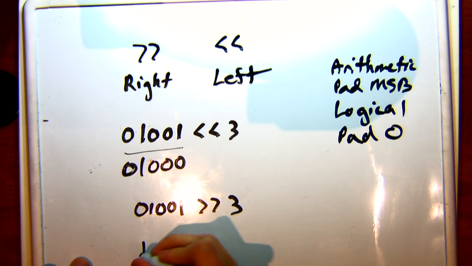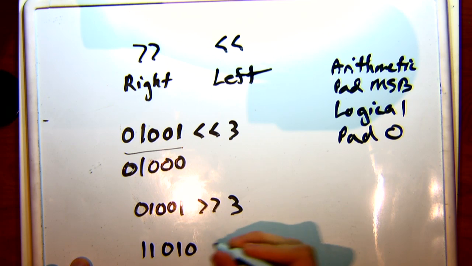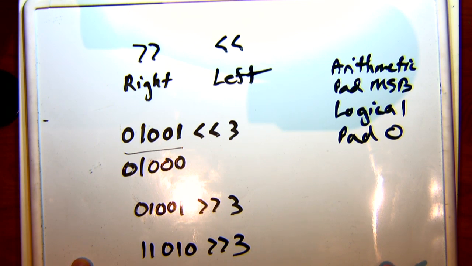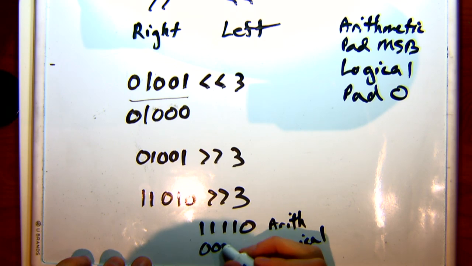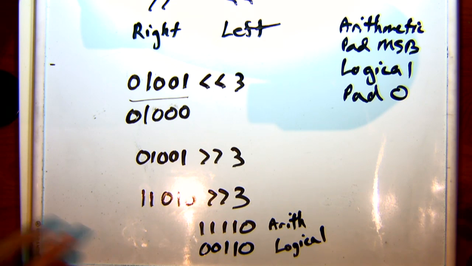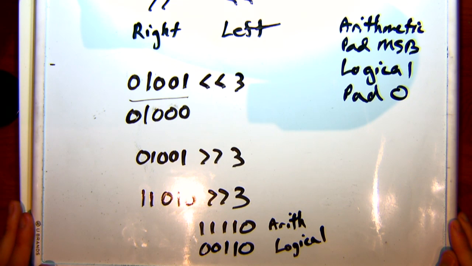But if we had a number like this, and we wanted to shift right by 3, we would have to pad the left with 1s. So this would be that if it was arithmetic, and it would be this if it was logical. So be aware of those different kinds of shifts.